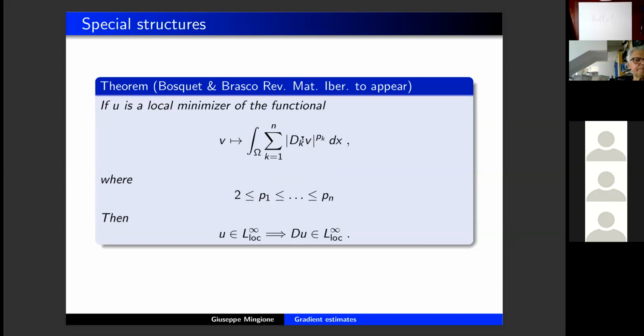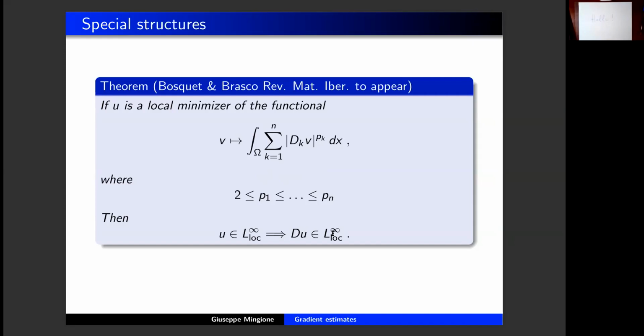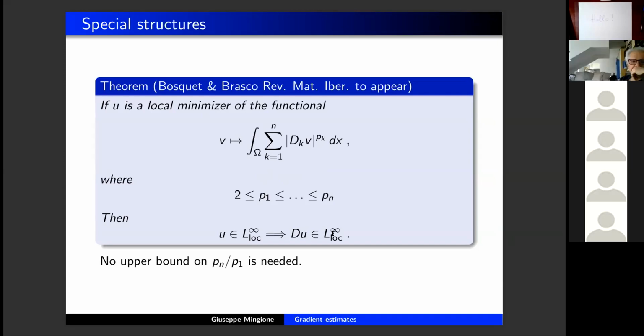And then you can get that a bounded minimizer is actually Lipschitz continuous, with no bound on p,q. This is a special fact of this functional, which is not elliptic in the usual sense, because it's orthotropic.